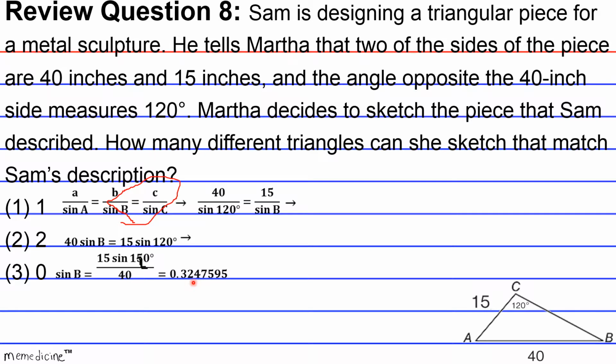And since the sine is positive, we also need to remember that the sine is positive in quadrant 1 as well as in quadrant 2, okay? And that means that two angles are possible based on this one sine value. So we're going to use the inverse sine feature in our calculator.